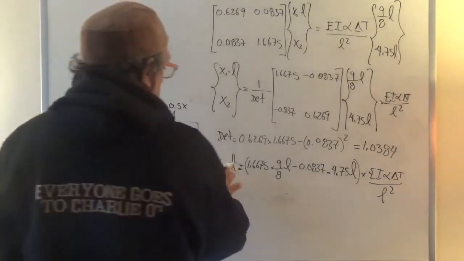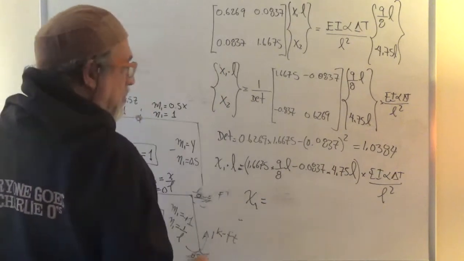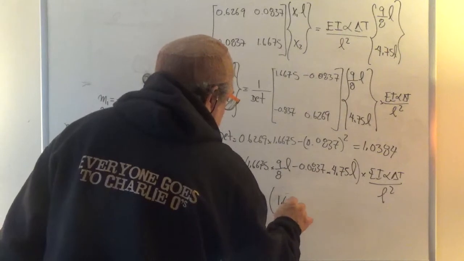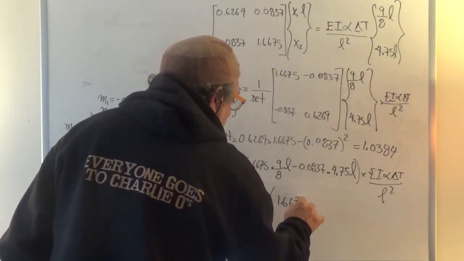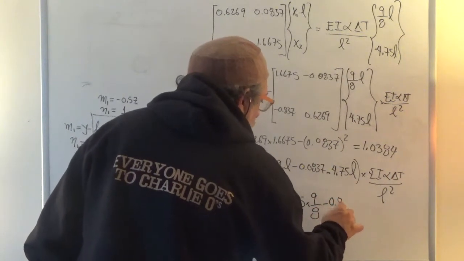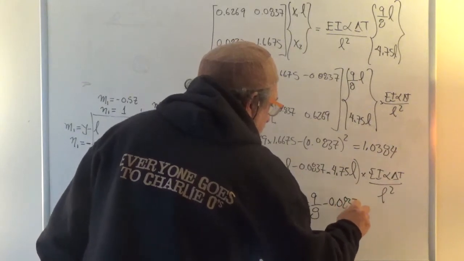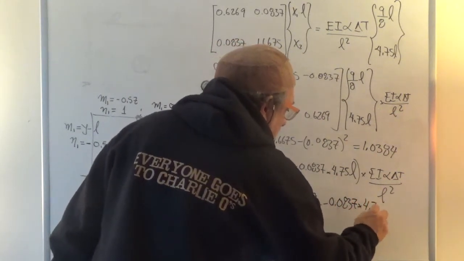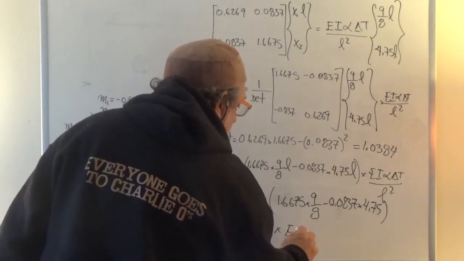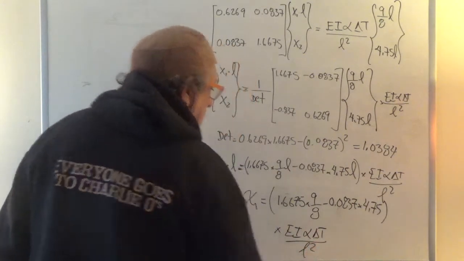And you can divide by L to see that x1 then, which is the actual force that you're looking for, dividing by L just cancels these L's out, right? So it's 1.6675 times 9/8 minus 0.0837 times 4.75, close parentheses, times EI times alpha times delta t divided by L squared.